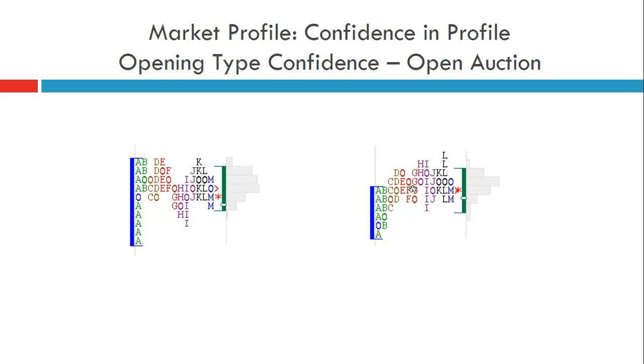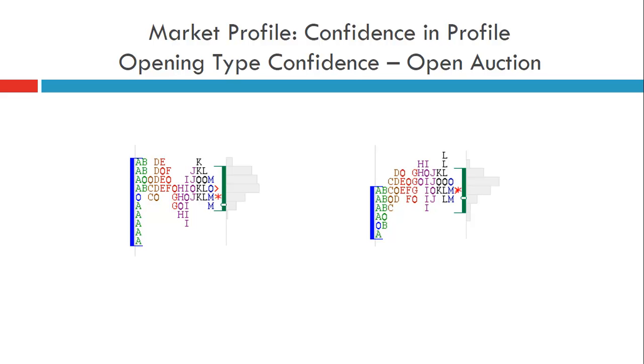Okay, so again if you see here, what happens is we open here and the price goes up, then it again rotates down, then B opens here, again B shows no activity, C shows no activity. If you're getting 2-3 profiles within a particular opening range or the initial balance, and plus you have seen the market has moved reasonably in the past, you could be pretty sure once you rule out, let's say, open drive, or you rule out open rejection reverse, then you get a choice between open test drive and open auction.